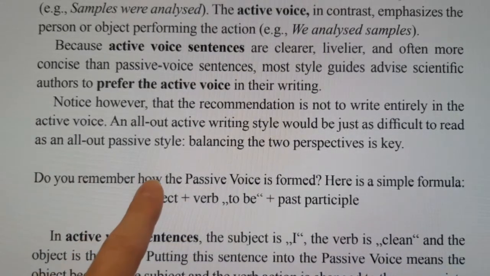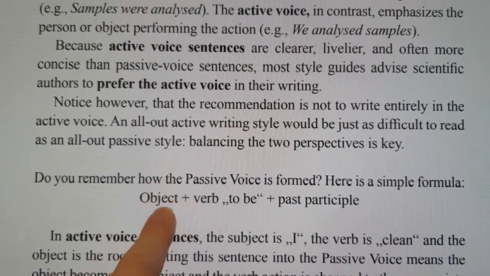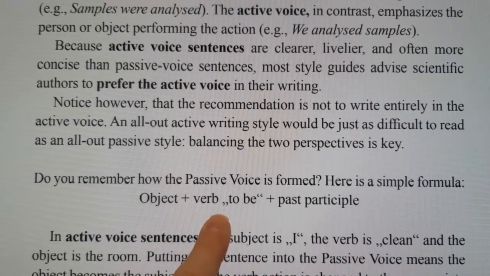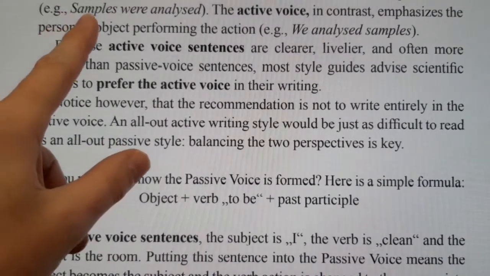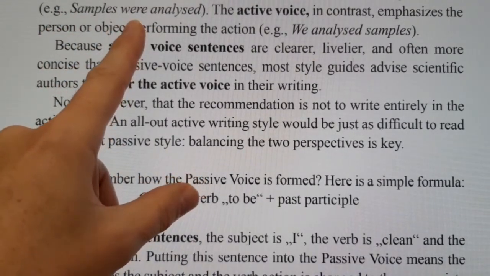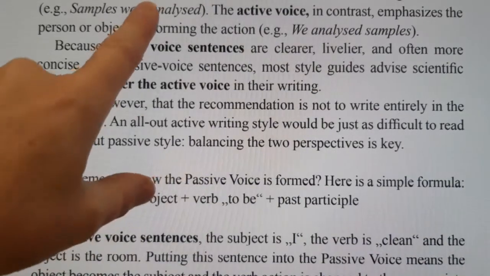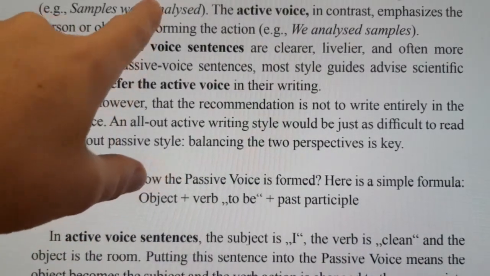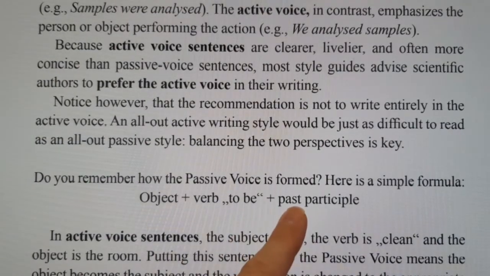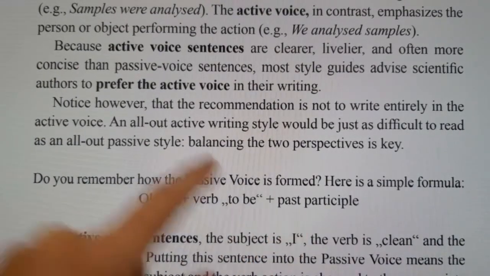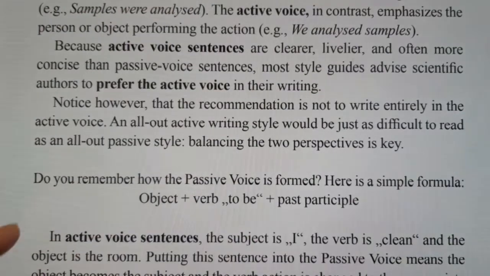When we make the passive voice, you take the object, you take the verb to be. So for example, up here, "samples were", this is the passive voice in the past tense, and then you use something called the past participle, the príčastie: "samples were analyzed".